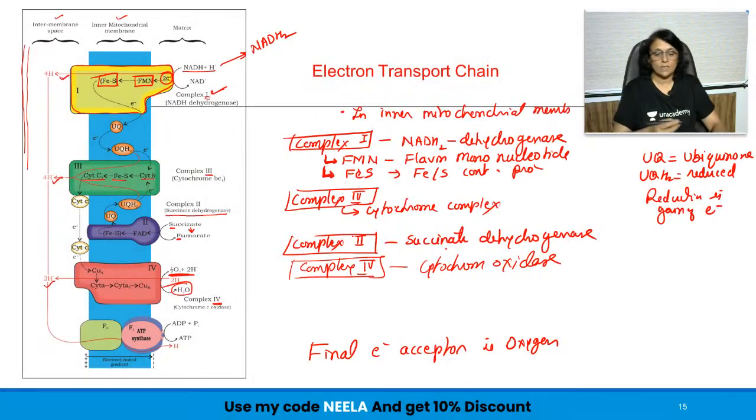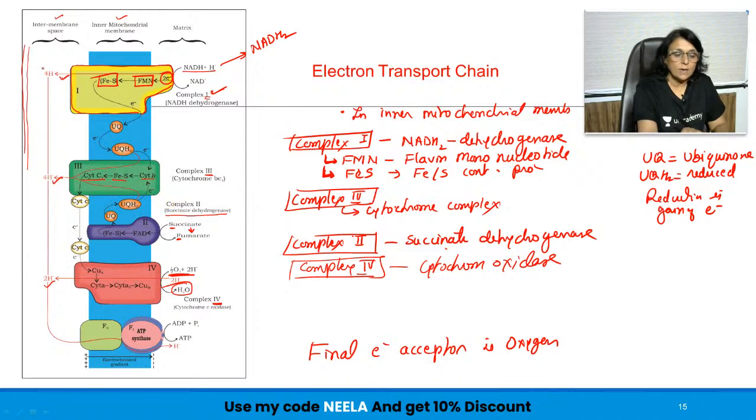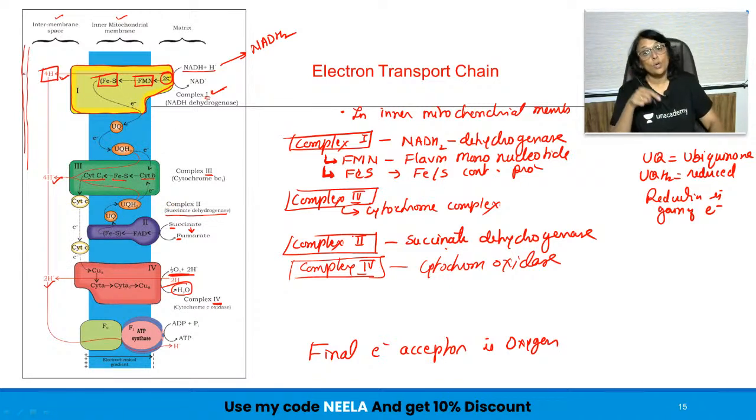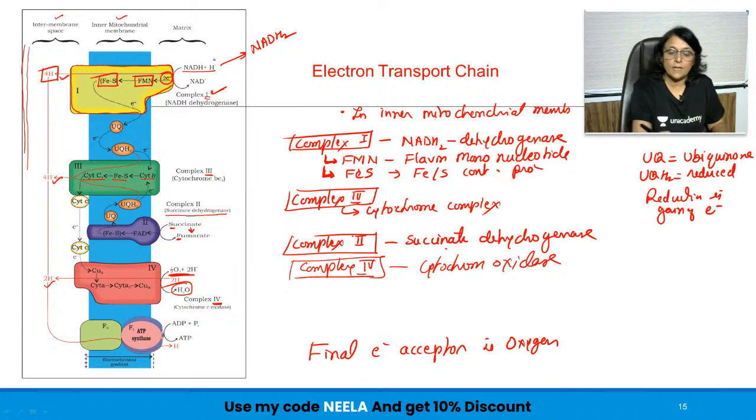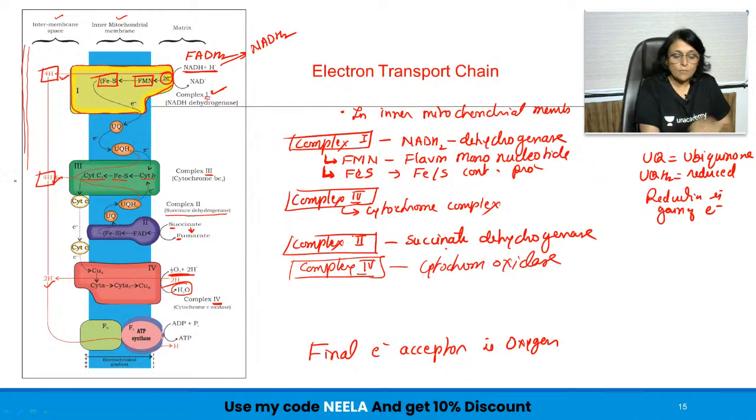Okay, now let us come to this. Here, how many protons are we seeing? 4. 2 through NADH2 and 2 through FADH2. Here they have written only NADH2, but we have to understand that FADH2 is also dissociating. Again we have 4 here, one pair from NADH2 and one pair from FADH2.